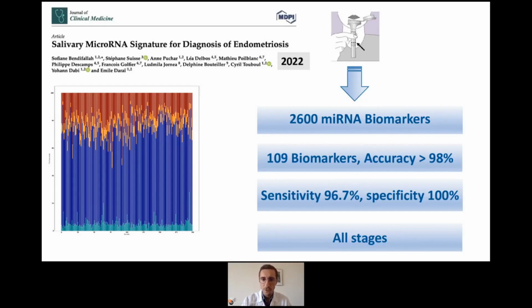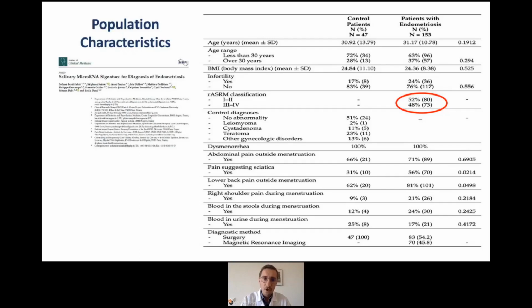Our cohort included not only late stage disease, which as we know is easier to detect on imagery, or even during a diagnostic laparoscopy, but our test, the endo test, is able to pick up early stage disease.